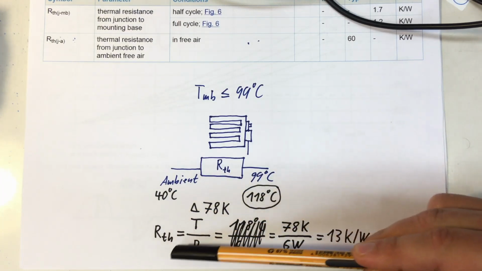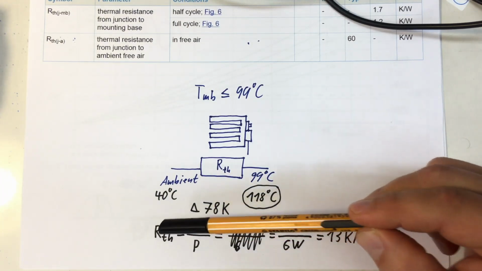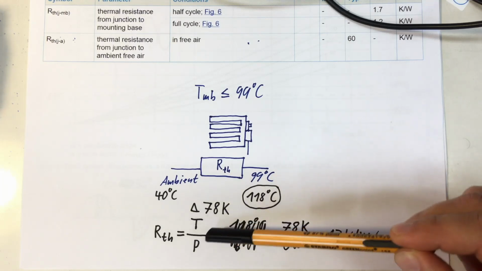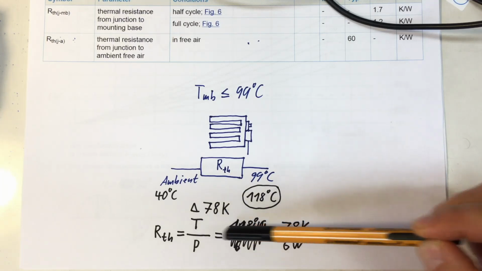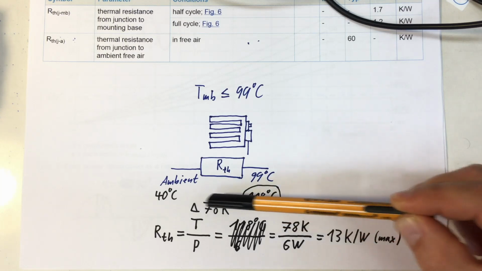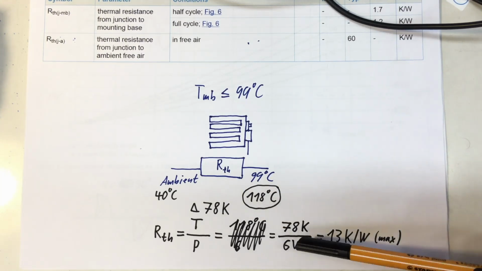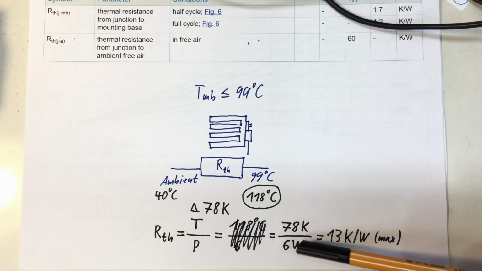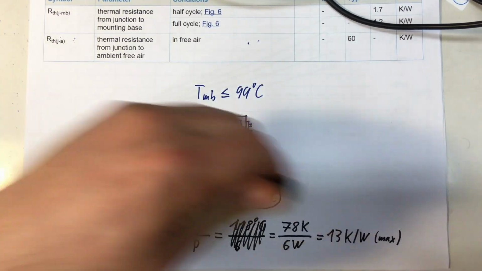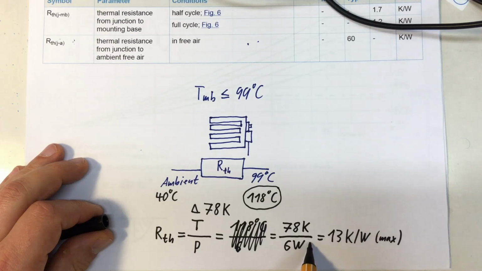So the thermal resistance we are searching for is the temperature divided by the power. So our delta of 78 Kelvin divided by the 6 watts we also got out of our diagram.